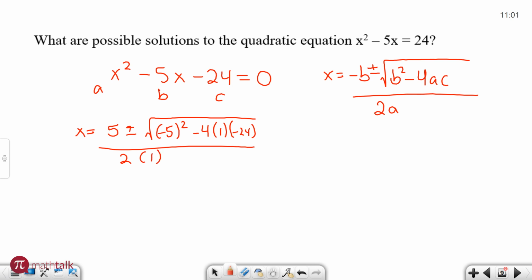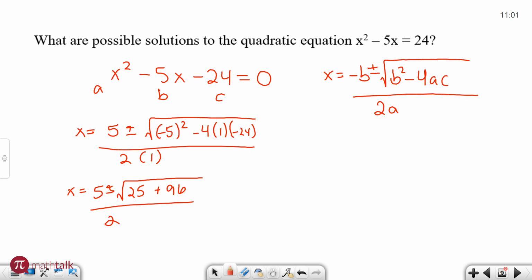All right, so let's start simplifying this stuff underneath the square root symbol to make this a little cleaner. X is, let's see, 5 plus or minus... -5 squared is -5 times -5, which is +25. -4 times 1 is -4, and -4 times -24 is +96, and 2 times 1 is just 2.